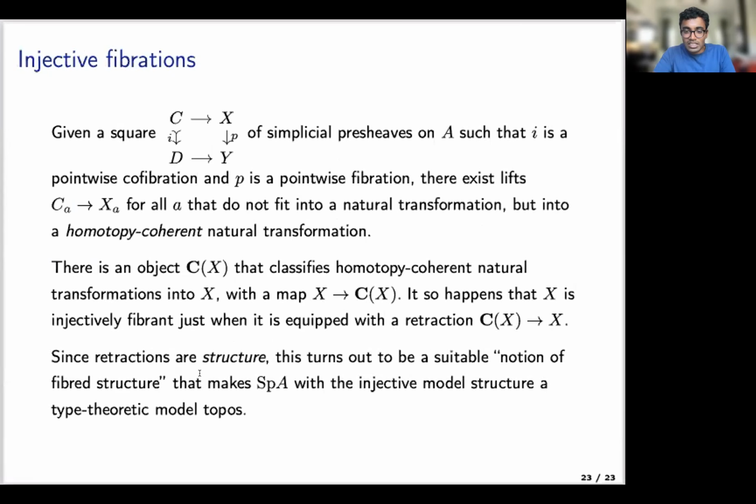Anyway, so this is what is essentially captured by the notion of fibered structure that makes simplicial presheaves on a small category with the injective model structure a type theoretic model topos. And then it's possible to essentially show that this passes through left exact left Bousfield localization. Of course, that would be a talk to give on a blackboard.